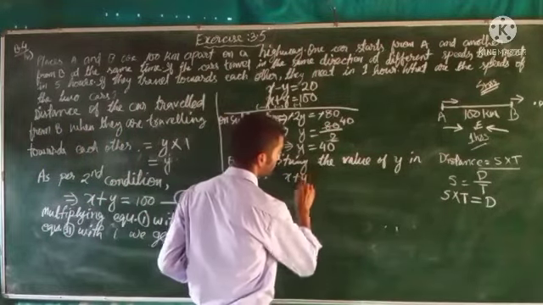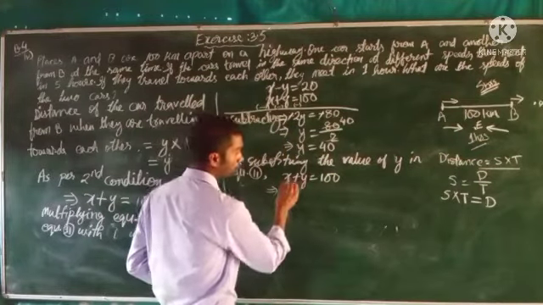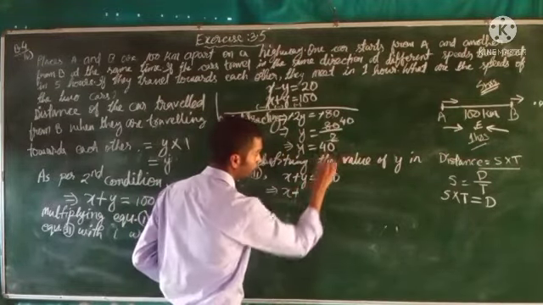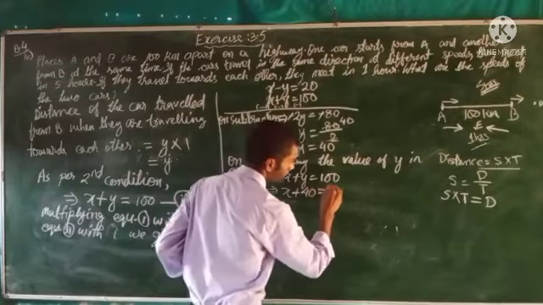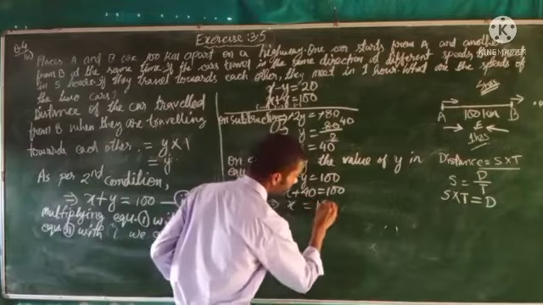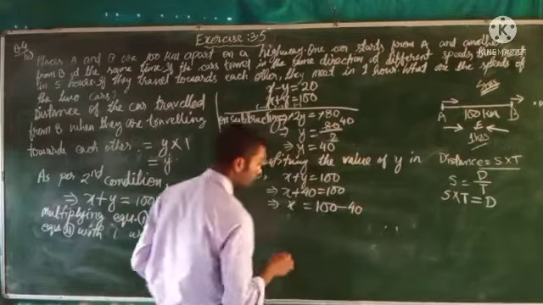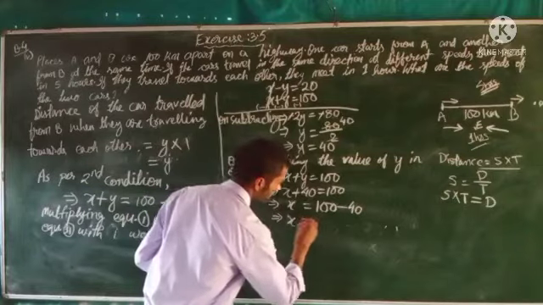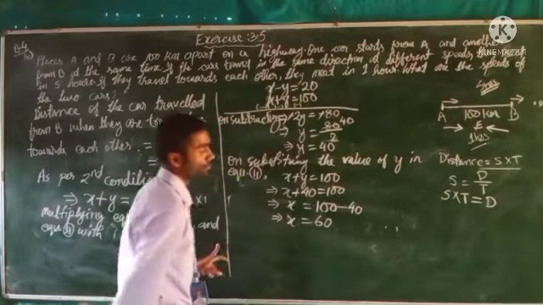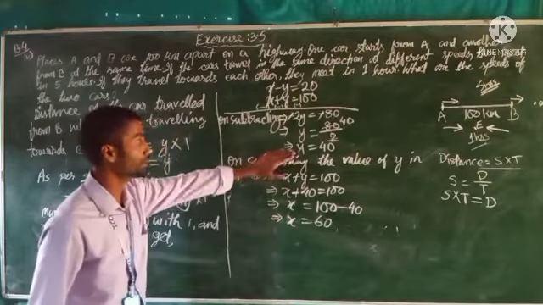So the value of x we don't know, and the value of y we got here, it is 40. x plus 40 is equal to 100. Now x we will get from here, that is 100 plus 40, we are transferring on the other side, it will change into minus 40. Now x is equal to 100 minus 40, 60. Now we got the value of x also and y also.